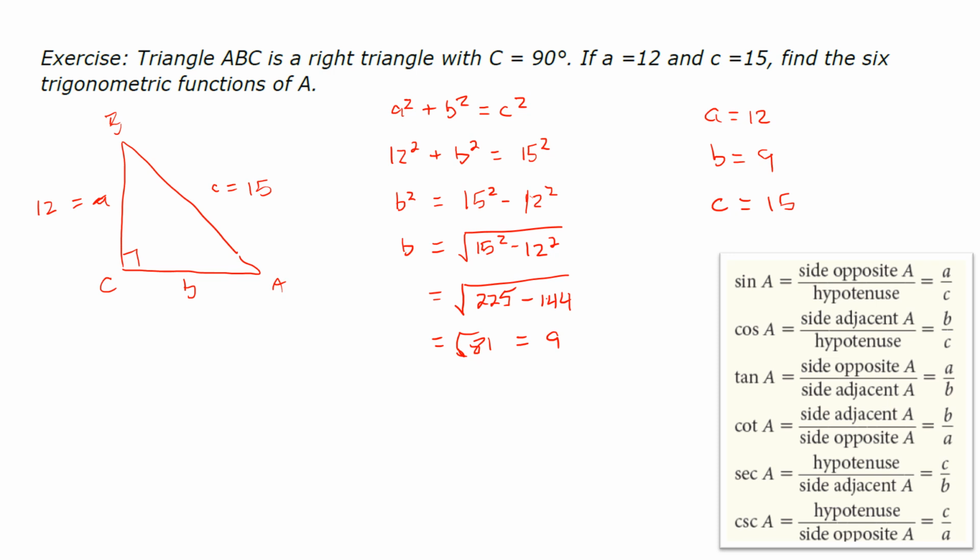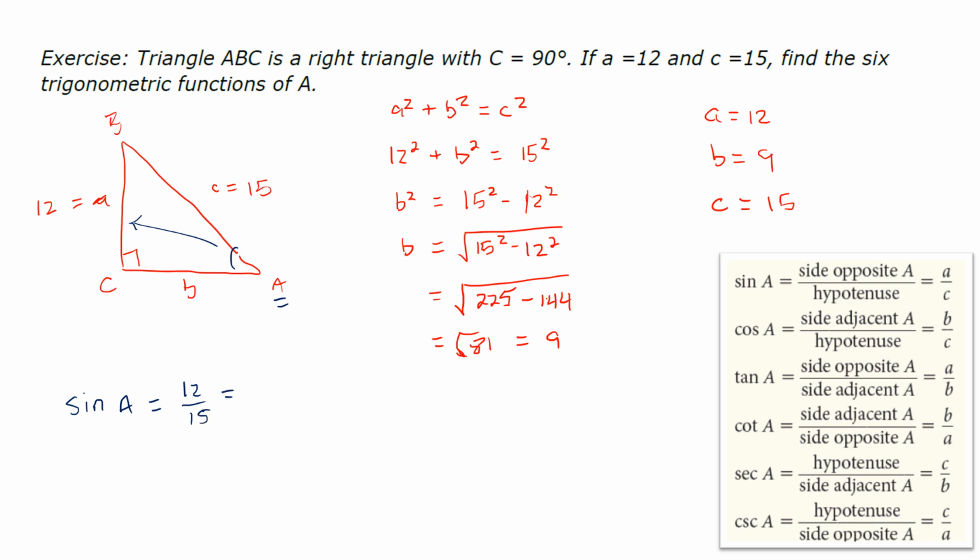So we're looking at A as our angle perspective. So the sine of A will be the side opposite A, which will be lowercase a, which is 12, and the hypotenuse, which is 15.